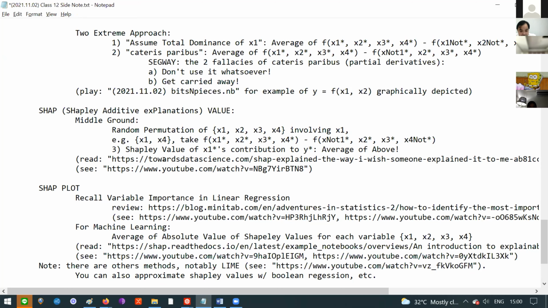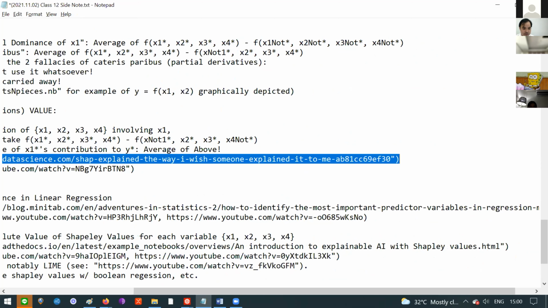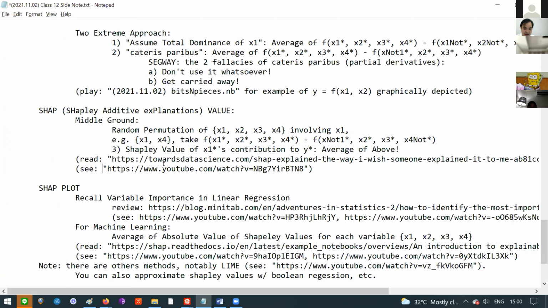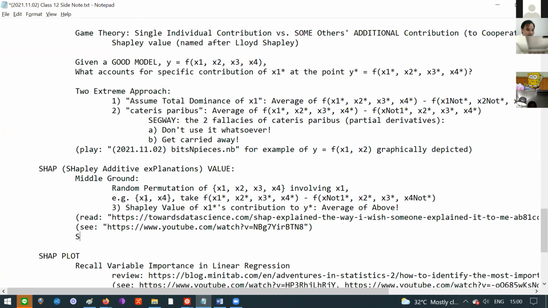Now, if you want to look at the details, I strongly encourage you to look at these two very good tutorials. This is a good tutorial, and this is a very good video. In fact, I just watched it this morning. It's a very good video for explaining what Shapley value is. By the way, there are two different Shapleys here.